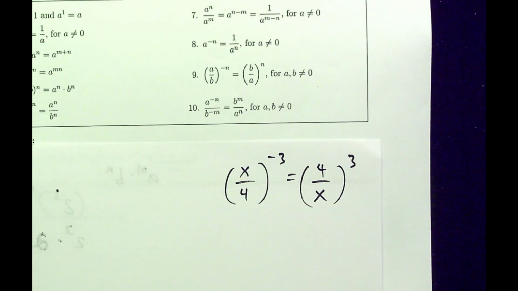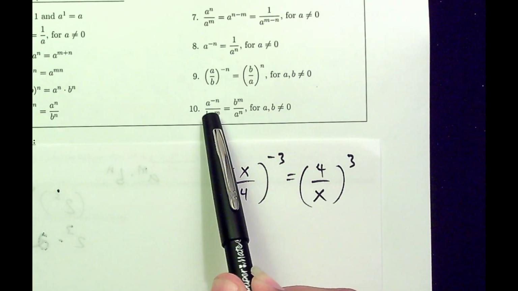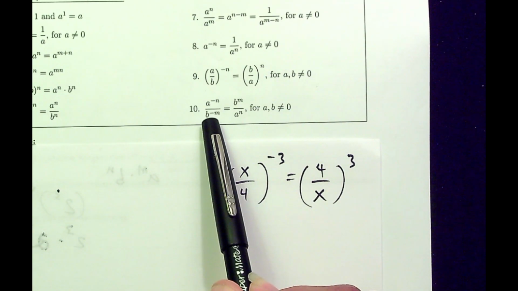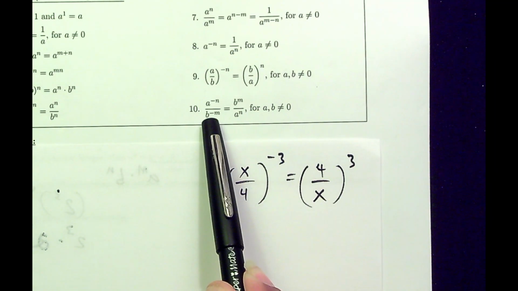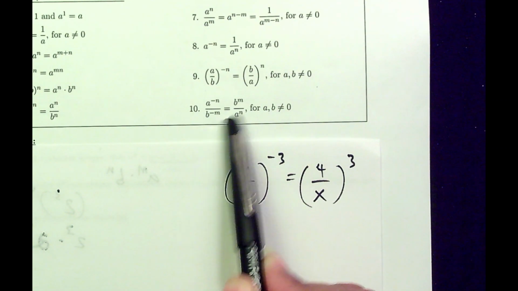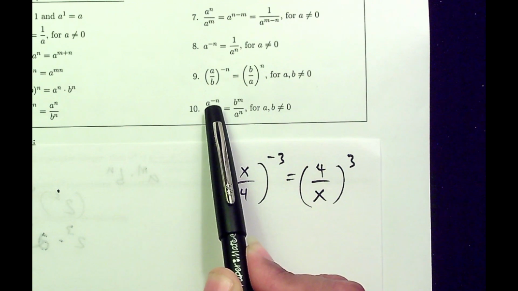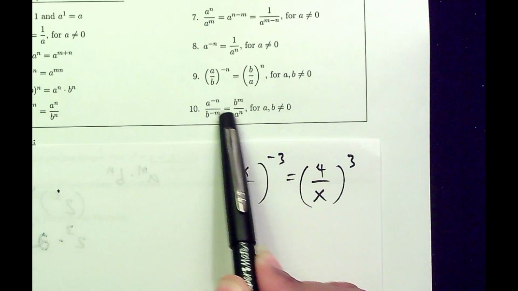All right, and lastly, if you have a fraction like that, with negative exponents either on the top or on the bottom, then they basically migrate. You see, for example, in this one, b to the negative m is on the bottom right now, so you move it to the top and keep the exponent but positive. And then if it's on the top, you move it to the bottom.